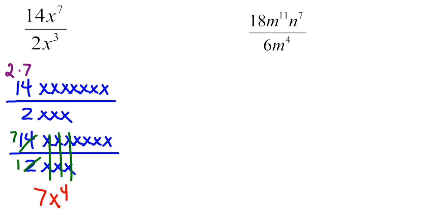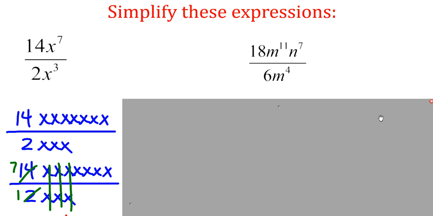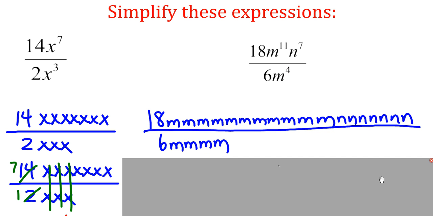Our second expression, 18 m to the 11th n to the 7th divided by 6m to the 4th. By meaning, we could write those out as our numerator and our denominator. And we're looking to see, do they have any greatest common factors we can divide out? Well, 18 we know comes from 3 times 6. So now we have a greatest common factor of 6 we could divide out.